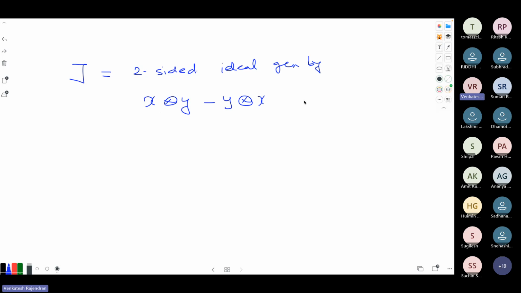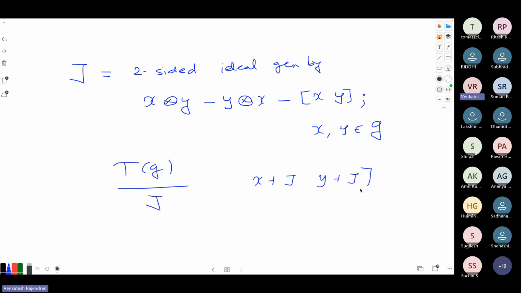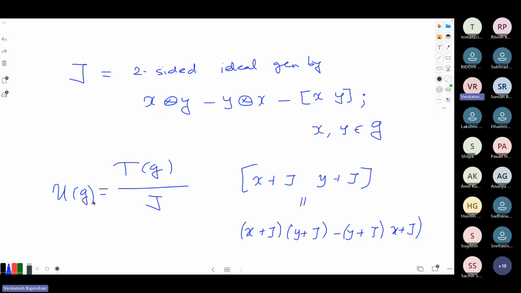You want this to match with the bracket [x,y], so you just subtract that [x,y], and you do it for all elements x, y of G. Now if you take this TG and go modulo this J, and take x plus J and y plus J, then you can easily see that the bracket is the same as (x plus J)(y plus J) minus (y plus J)(x plus J). This identification is happening. And this space you call the universal enveloping algebra.